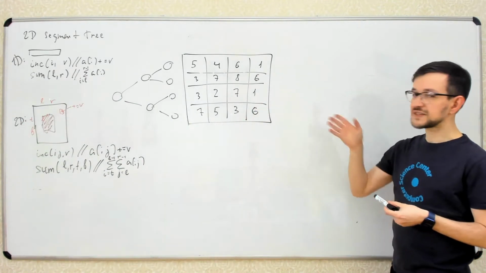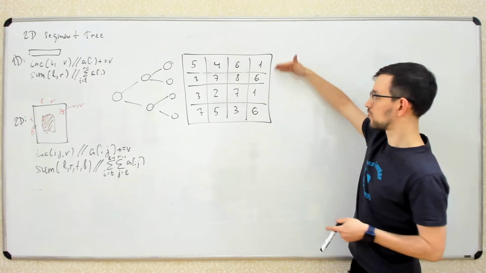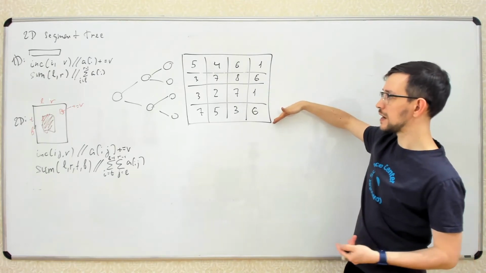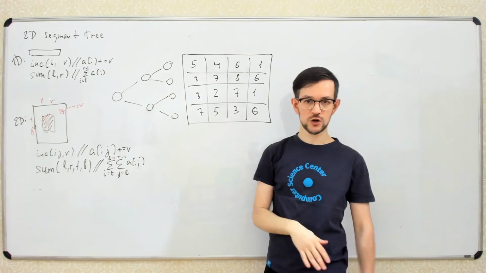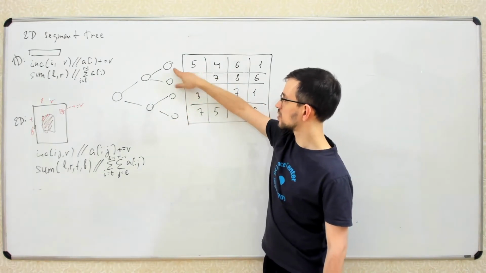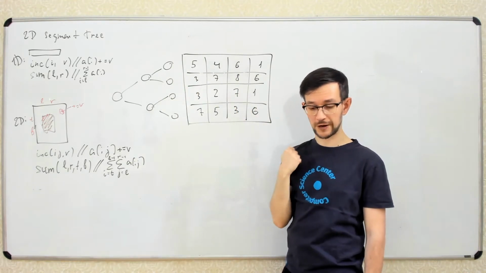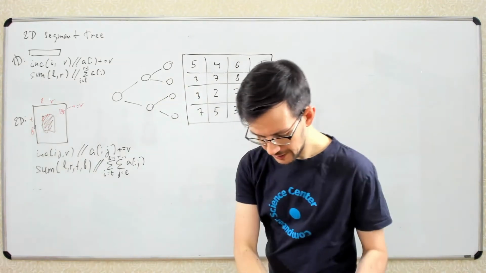So this is a segment tree over the rows of this 2-dimensional array. So we have 4 rows. Let's have a segment tree of size 4. So each element corresponds to one row of this 2-dimensional array. Let's enumerate them.